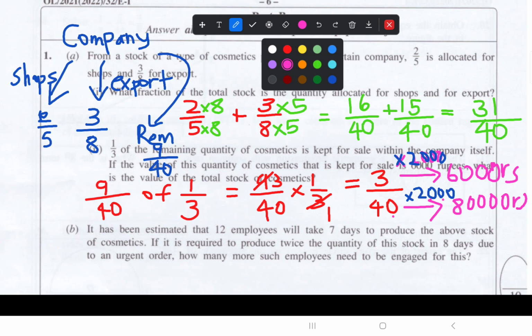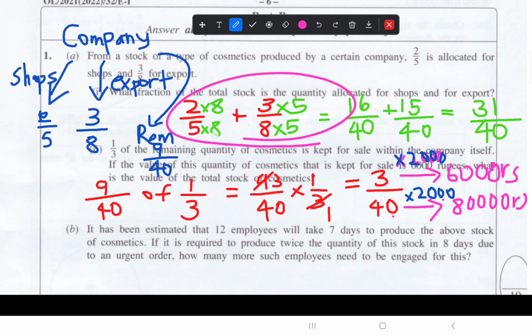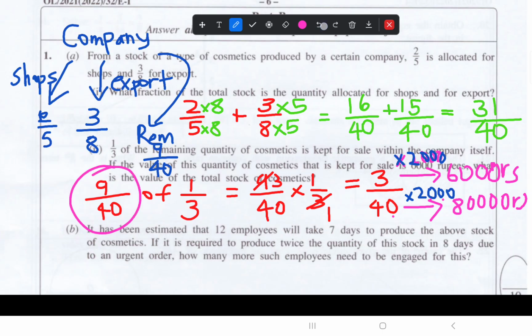It's very easy. First of all, you should add these two to get the fraction for shops and export. To find the remaining from 40, 31 allocated for shops and exports, the remaining should be 9. 1 upon 3 of remaining means we have to find 9 upon 40 of 1 upon 3, that is 3 upon 40.